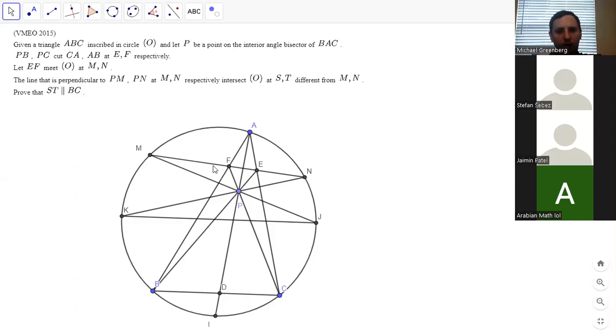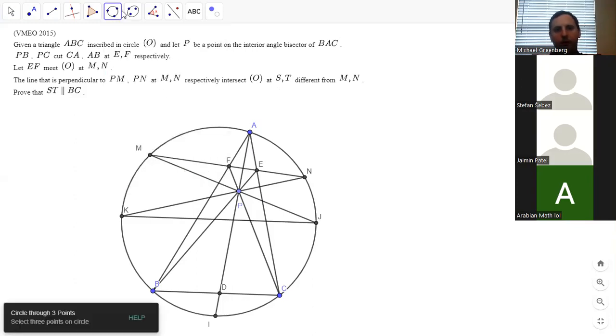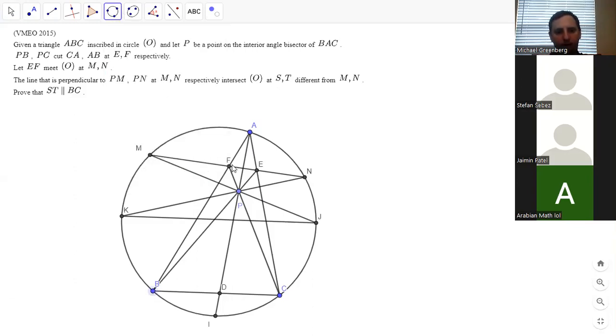It almost looks like, no, I don't think BF, yeah, there's no way BFEC is cyclic. But yeah, showing that KJ is parallel to BC seems simpler.